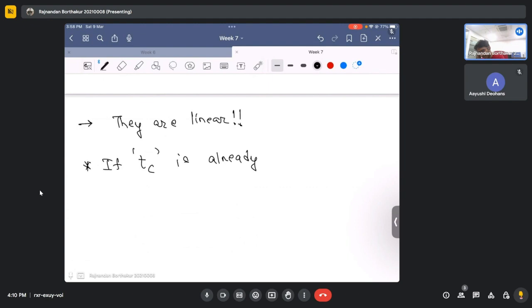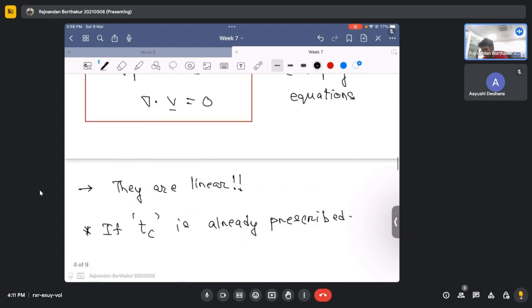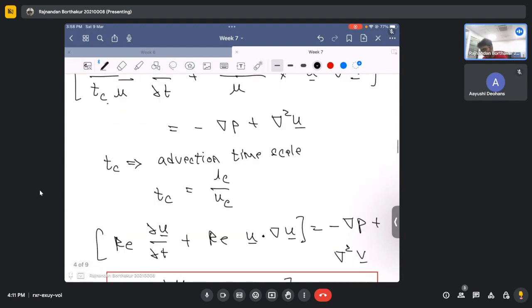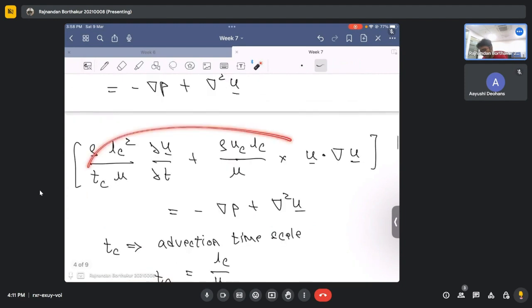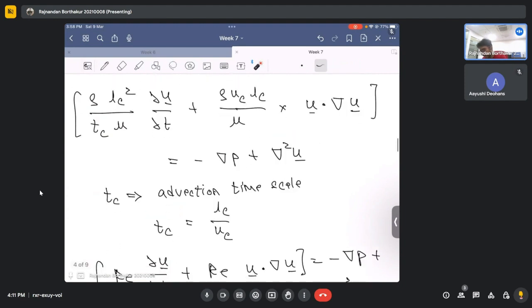If TC is already prescribed, for instance, let's say a microorganism's flagella moves its tentacles with some angular velocity omega, in that case TC would be just omega inverse. This means we have a prescribed time scale for this problem. Then let's see how this equation changes.